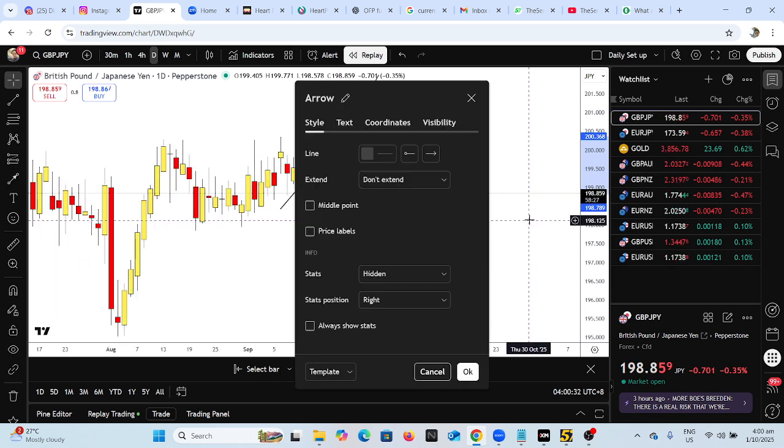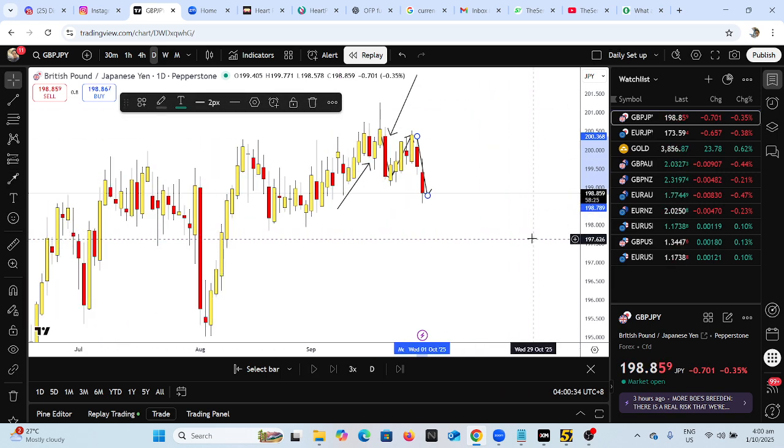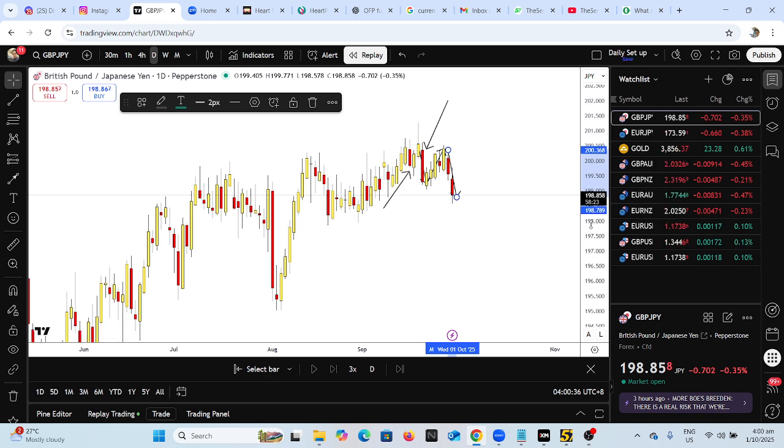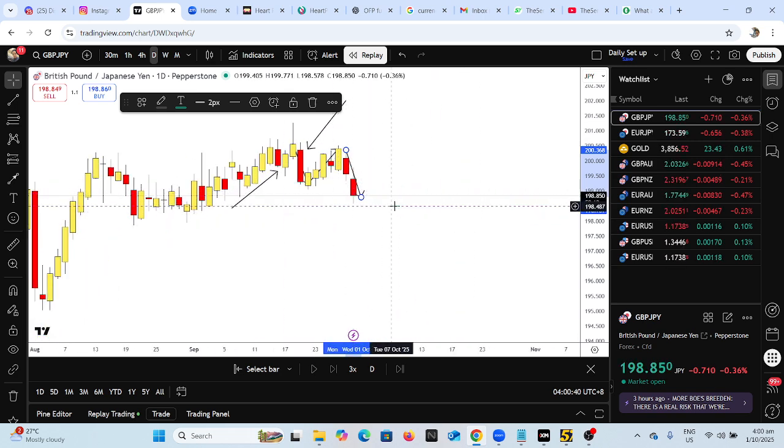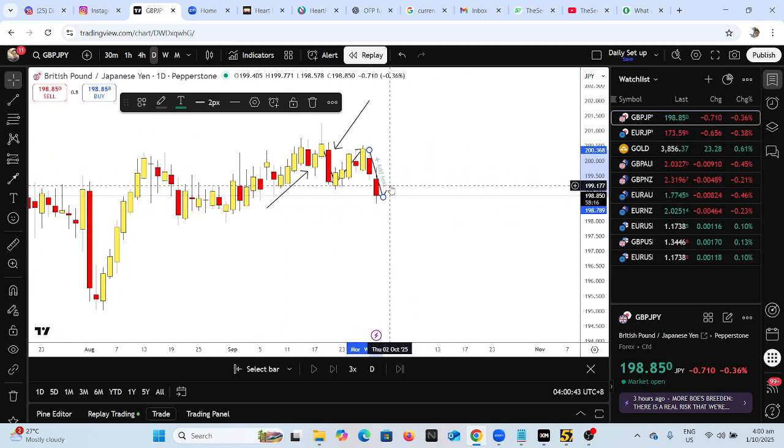So in this case, while the trend looks to be up, there is no reason for me to look for a buy, because there's no strength in the buyers as well. It's all about the sellers right now.